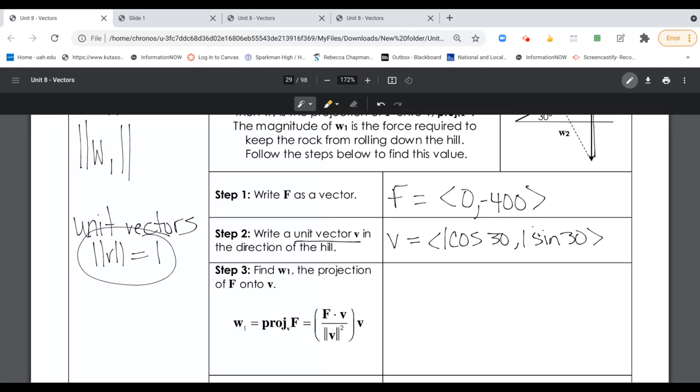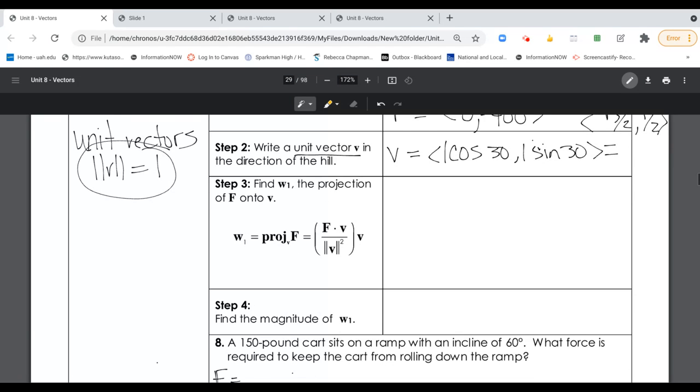Okay, now this actually gives me, and I'm going to have to write it up here, square root 3 over 2 and 1/2, because I can pull that off of my unit circle, so I don't want to list the decimals there.